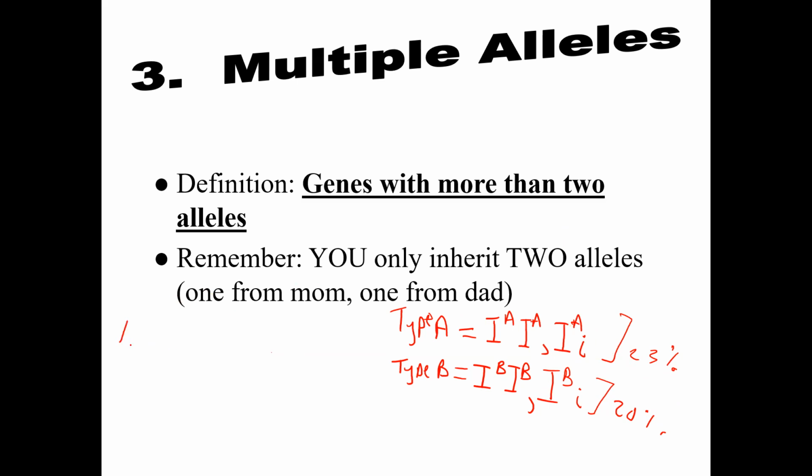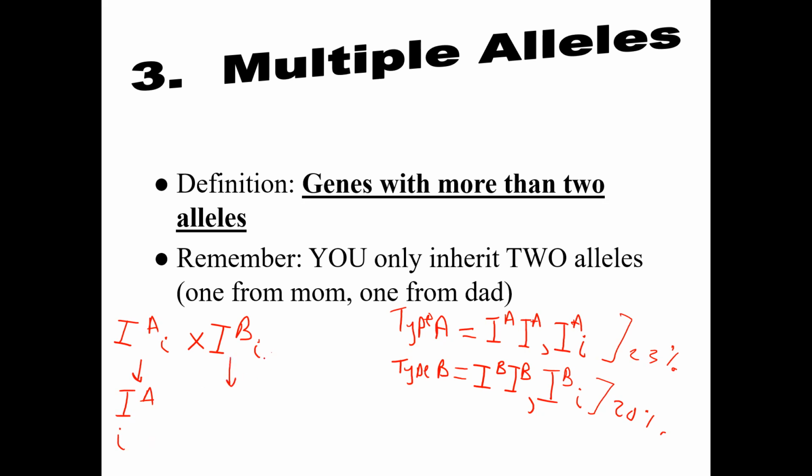So let us say now we have this. So blood type A, and then we have blood type B, having a child. Now, obviously, this one here can contribute either the A allele or the O allele. Right?